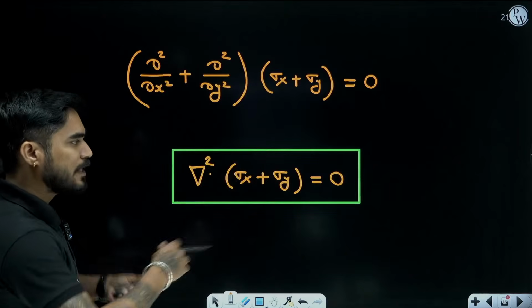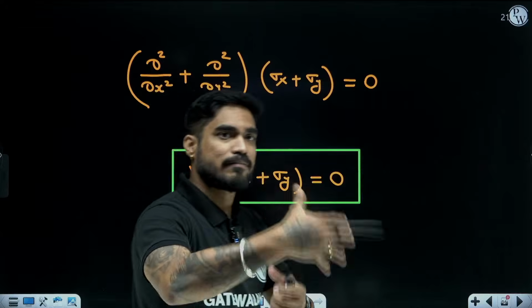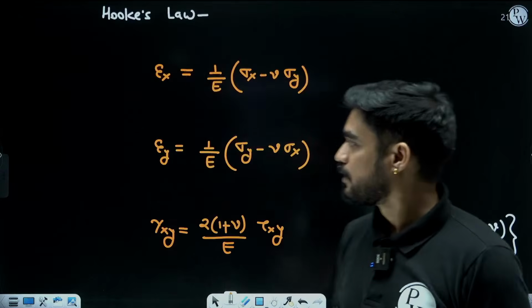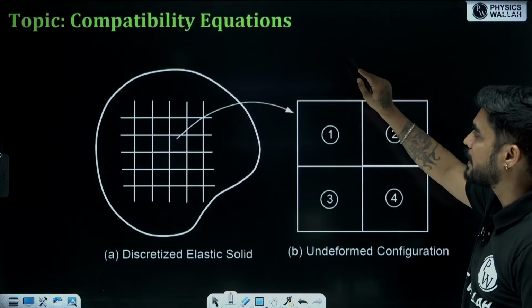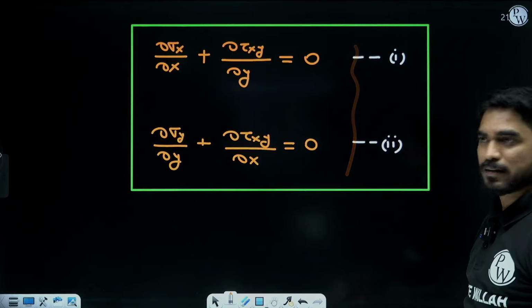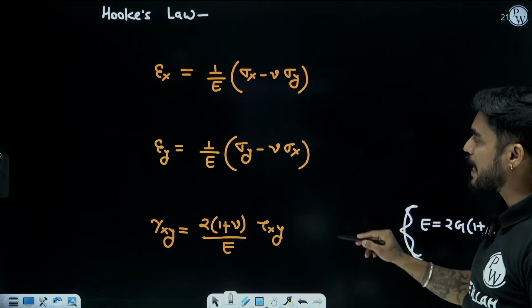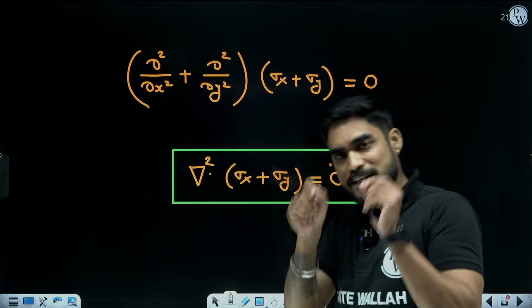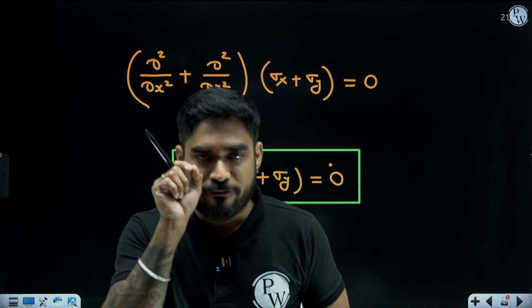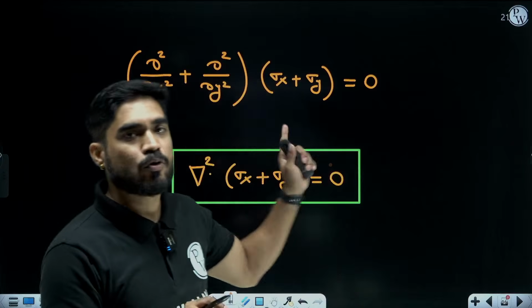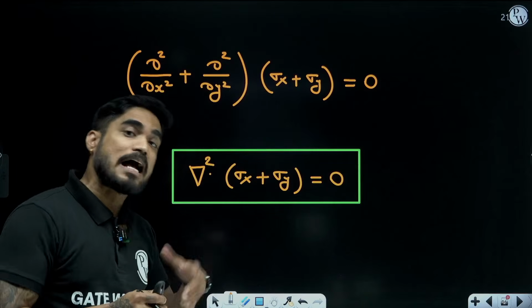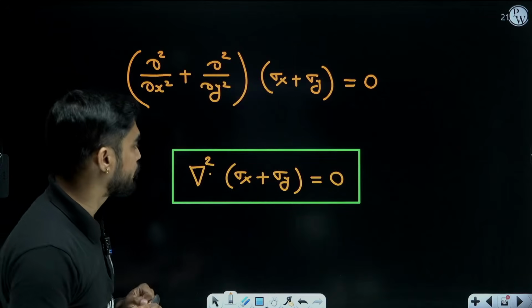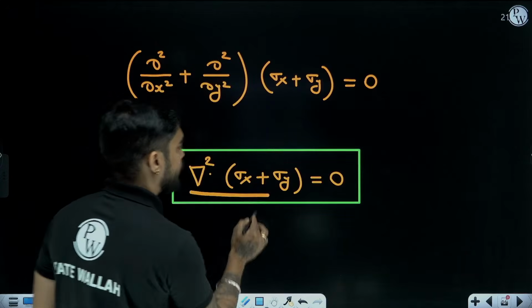Whatever equation of sigma x, sigma y, tau xy you get, it should satisfy these equilibrium equations and it should also satisfy this compatibility equation. So we need to ensure that phi satisfies both these equations. So how are we going to ensure that? See, this is the compatibility equation.